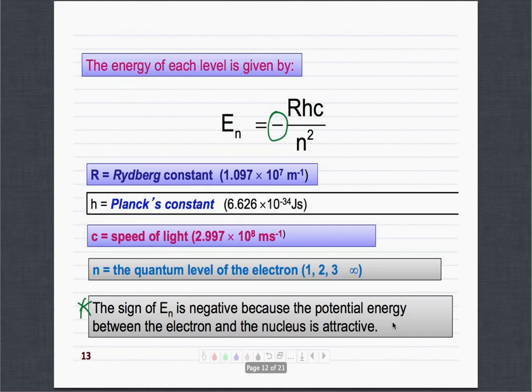Okay? So what does that tell you? As n increases, as we go from n equals 1 to n2 to n3, what happens to the energy? Decreases. So as n is increasing, the energy is decreasing. Does that make sense?